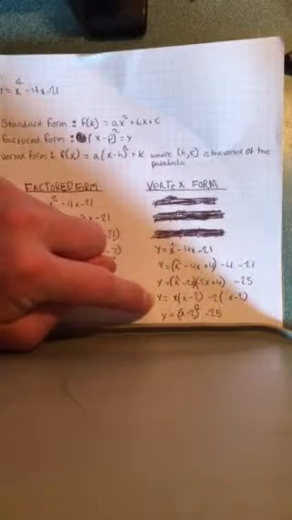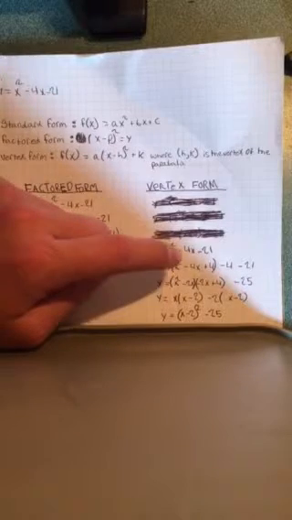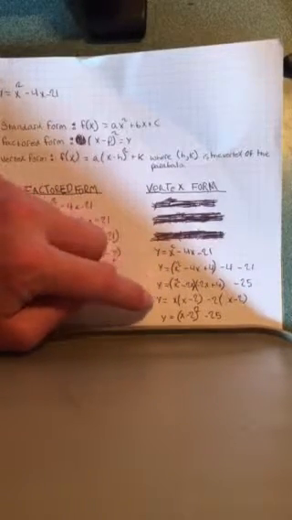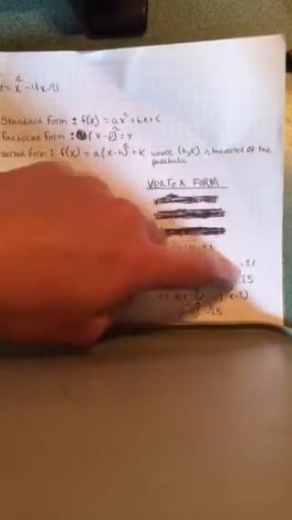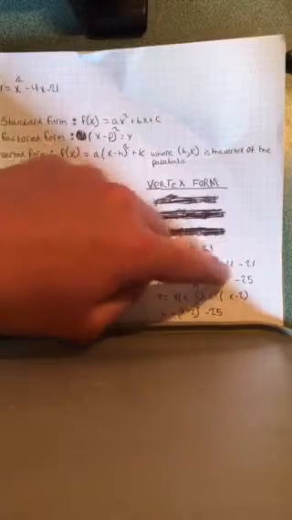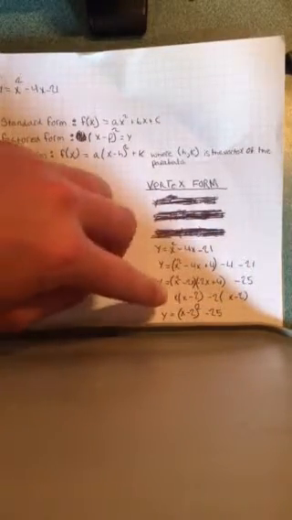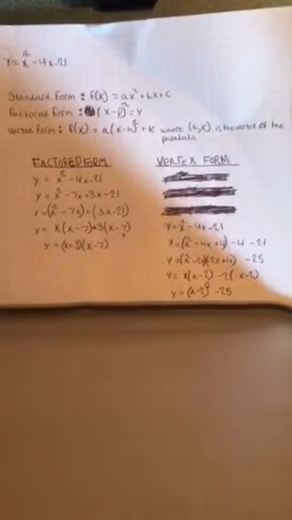So our equation now reads y equals x times x minus 2 minus 2 times x minus 2. So now we've completed the square and added negative 4 and 21 to put us in vertex form, which reads y equals x minus 2 squared minus 25.